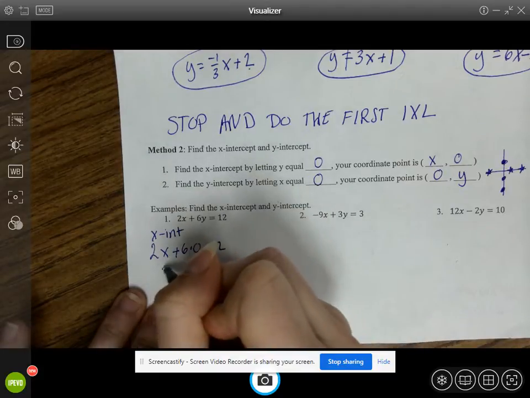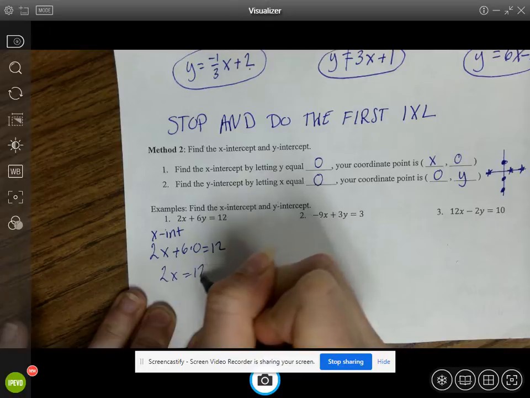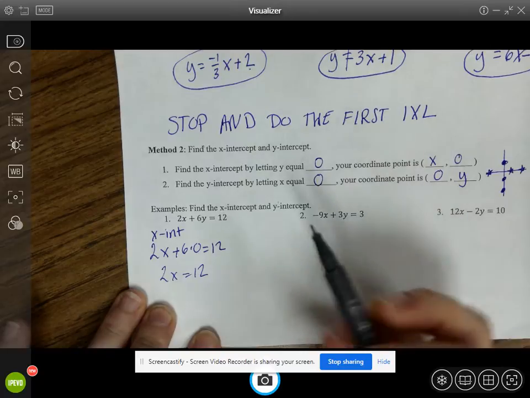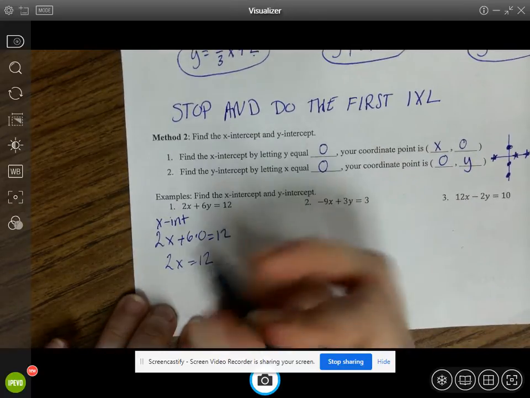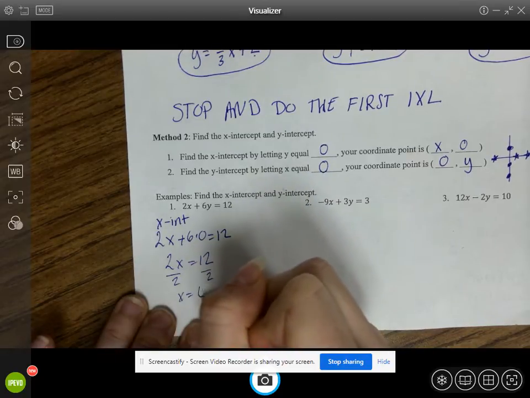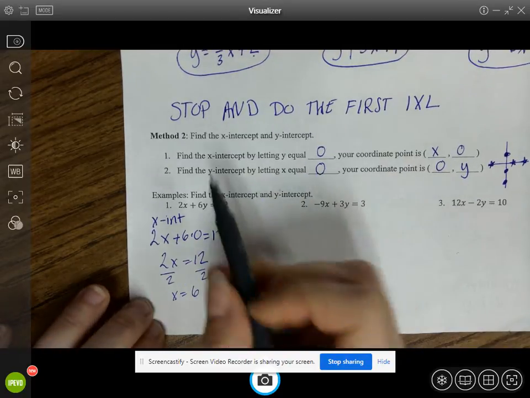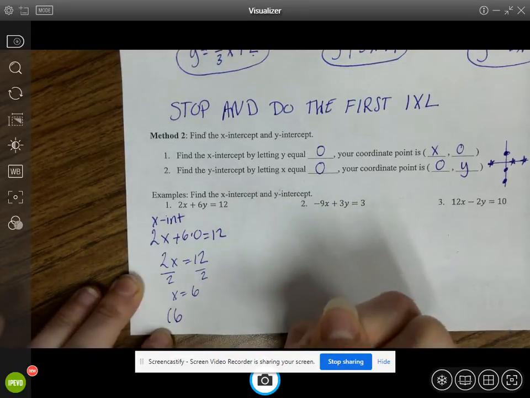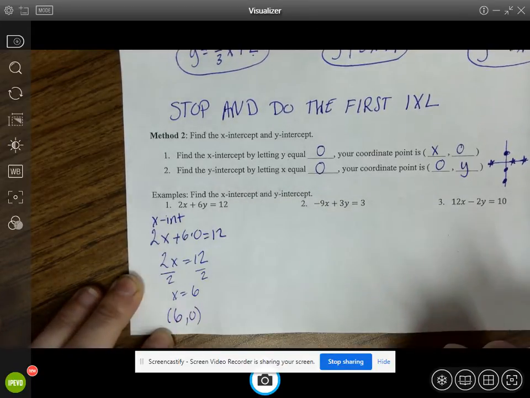So really, I just have 2x equals 12, because you don't need to write plus 0. It's not needed. Then you just need to solve for x. Well, in this case, you would divide by 2 on both sides to get x equals 6. Which means your x-intercept is the x value, comma, 0.